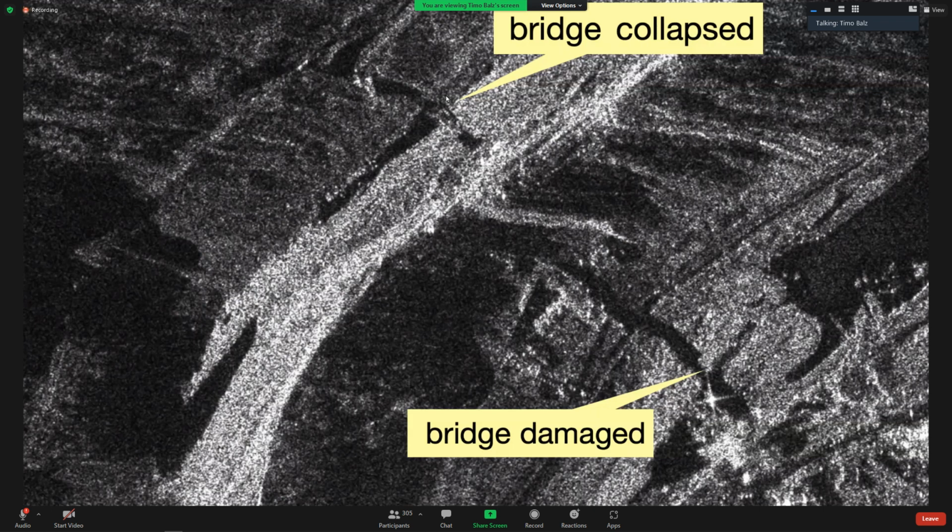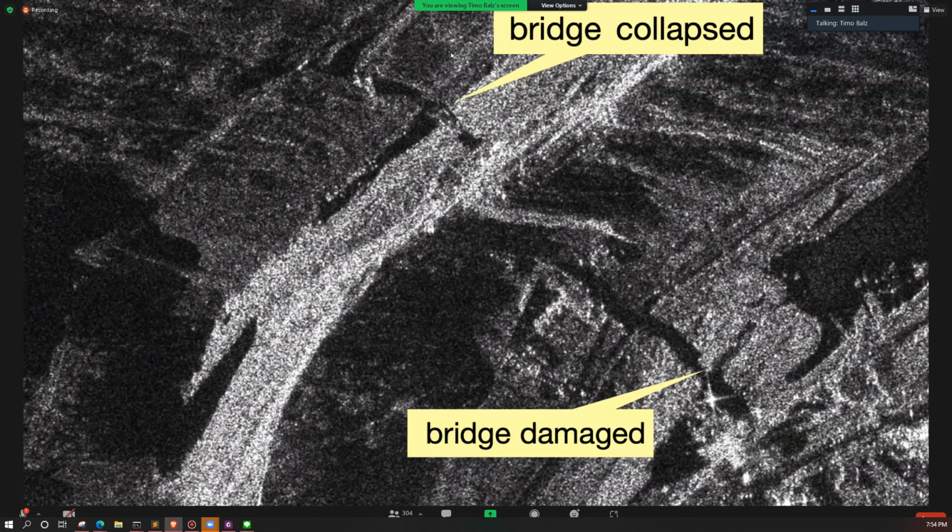But I think we can all agree that the interpretation is much more difficult than with an optical image. That is due to speckle, but also mostly due to the different geometry and the fact that it's a very different wavelength from what we are used to with our eyes. So optical images are interpreted very naturally by us, while SAR images we actually have to learn.